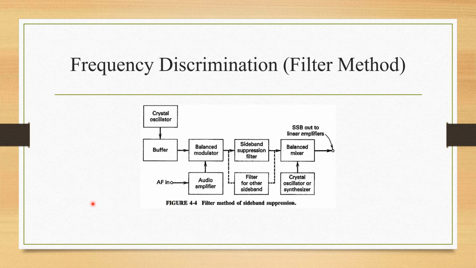The linear power amplifiers are used to avoid distorting the sideband signal. Initially, the modulation takes place in the balanced modulator, only at a very low frequency. After the modulation, it goes to the sideband suppression filter where the sidebands are suppressed.